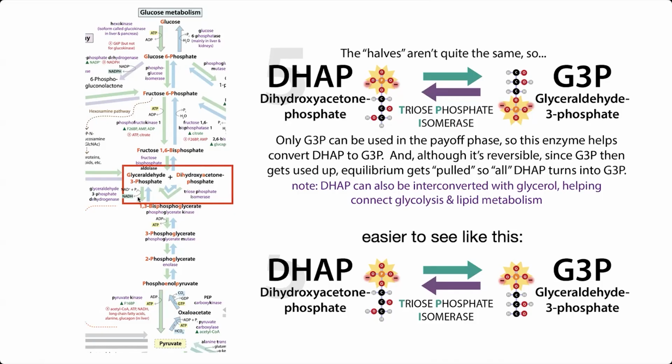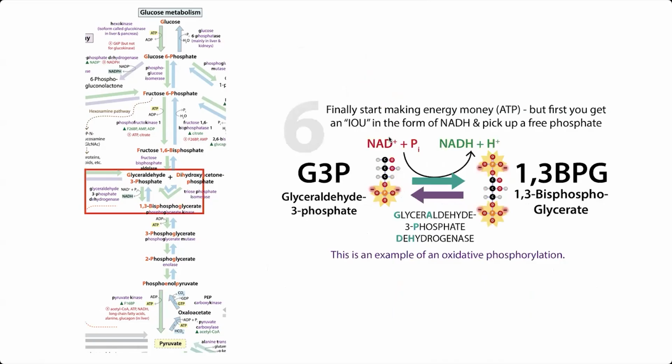And now everything that's going to happen further down is going to be repeated twice, once per 3-carbon piece: once directly from that glyceraldehyde 3-phosphate, and then once from the glyceraldehyde 3-phosphate that we get when we convert the dihydroxyacetone phosphate into glyceraldehyde 3-phosphate. And we do that conversion using this triose phosphate isomerase.